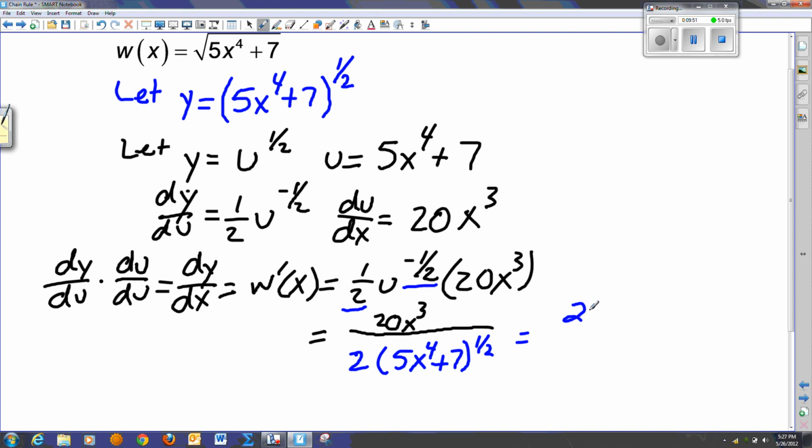This will be cleaned up a little bit as 20x cubed over 2 roots of 5x to the fourth plus 7. And we go to our next problem.